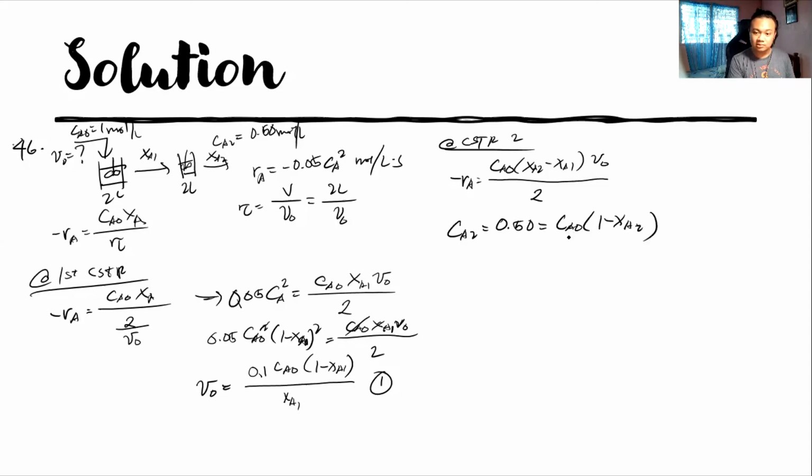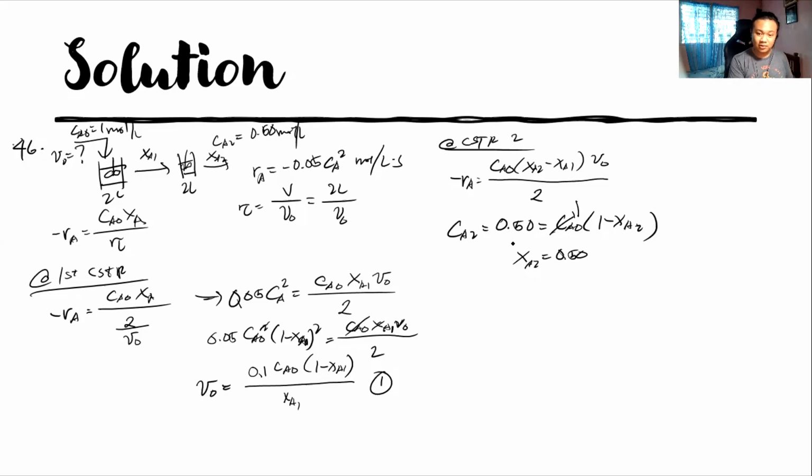Diba? So we know that CaO is 1. So meaning XA2 is 0.5. Yeah. So XA2 is just 0.5. Diba? So that makes our lives easier.